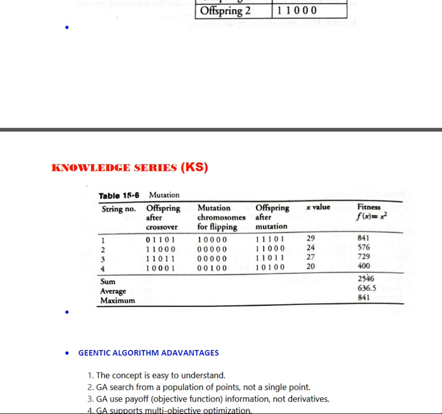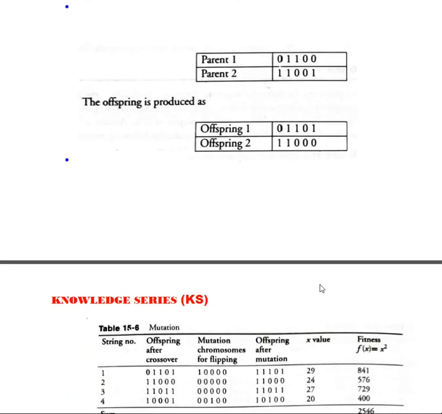Previously we had a value of about 625, now it becomes 841. So that's how the genetic algorithm improves by varying the bits.